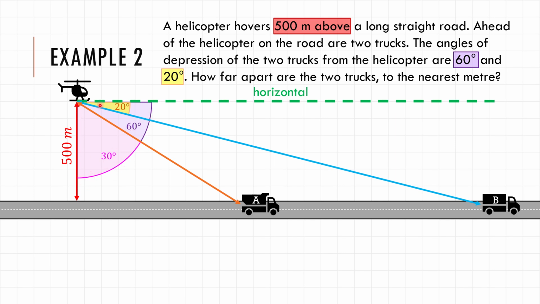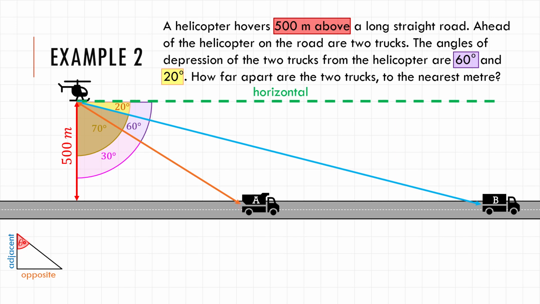Very similarly, for this truck, this is 20 degrees, and so the remainder must be 70 degrees. Okay? And now that I have that, now I actually have in this triangle two measurements. I have an angle up here, and I have this side here, which is the adjacent side to the angle. And now I just need to calculate the opposite side.